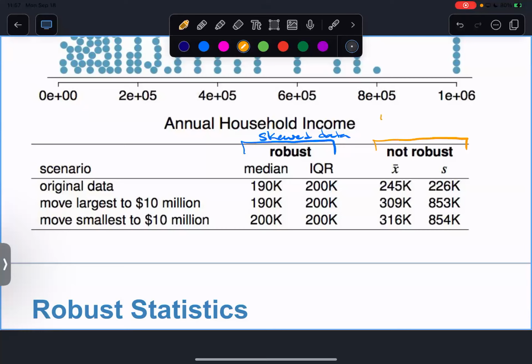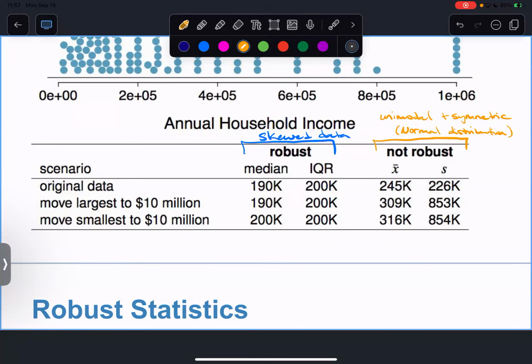And so here, if it's unimodal and roughly symmetric, then we can use the mean and the standard deviation as the measure of center and spread. And I'll write Normal Distribution because it's a name. I like to capitalize it to emphasize that it's a name. Otherwise it gets confusing.